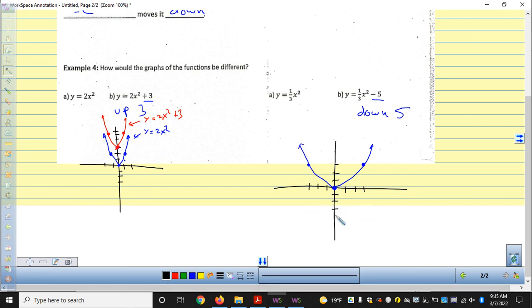And to graph this graph, I'm just going to shift all these points down 5 units. So I get a point here. This is shift down 1, 2, 3, 4, 5.